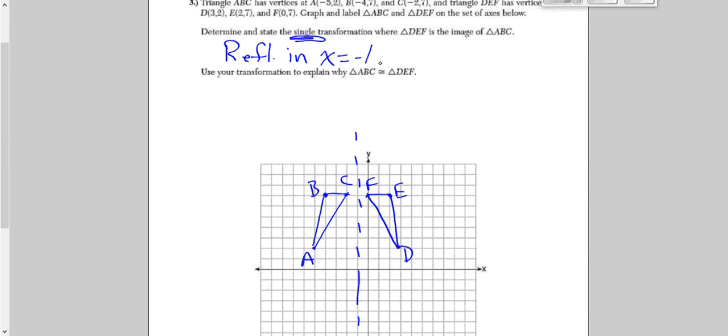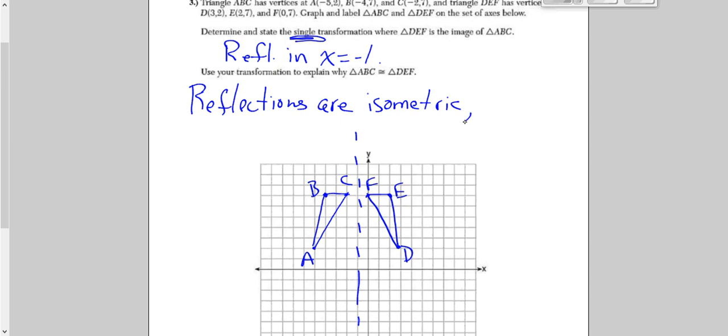Now let's think about why they're congruent. Think about the answer we gave the last time. So our answer might look like this. Reflections are, let's use isometric this time, why not? Isometric.